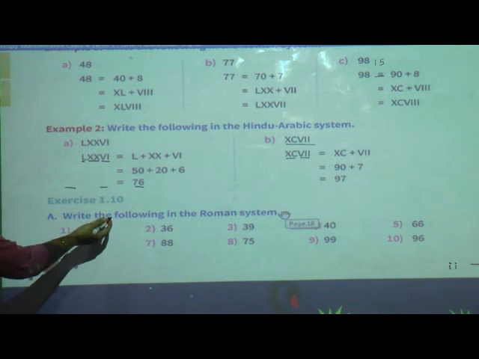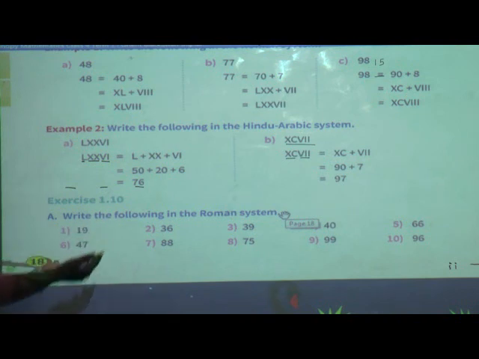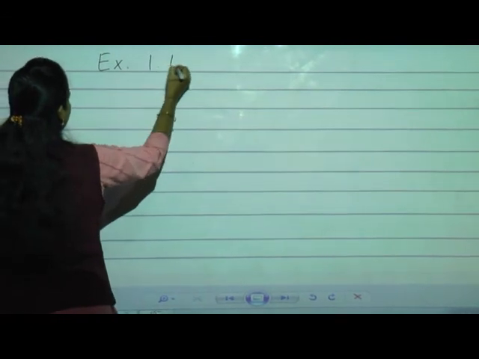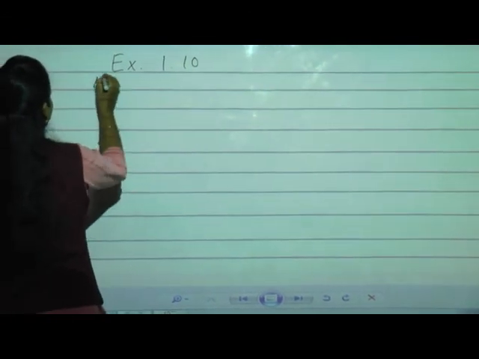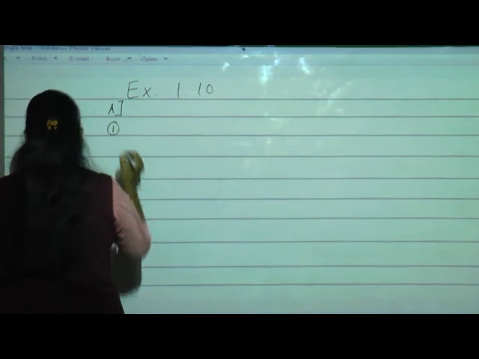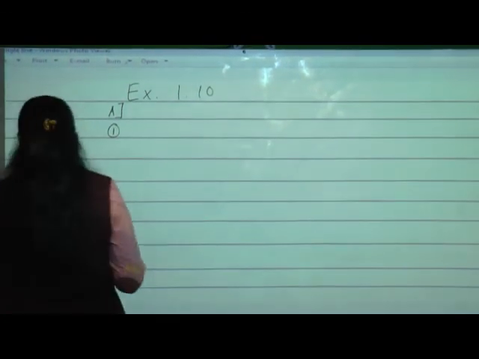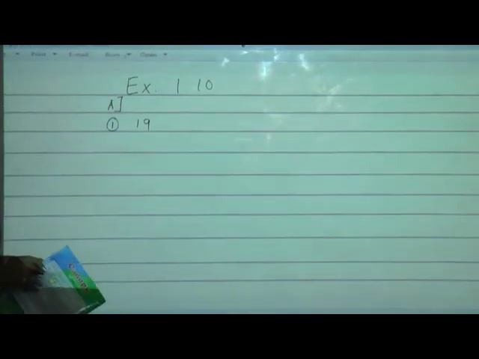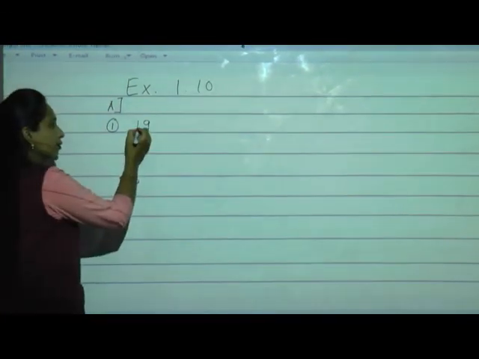Okay. Write, what is the A question? Write the following in the Roman system. So they had given the Hindu-Arabic system. We have to write in Roman numbers. Exercise 1.10, A question. In that, first one we will solve. What is the first question? 19. Now what do we have to do?